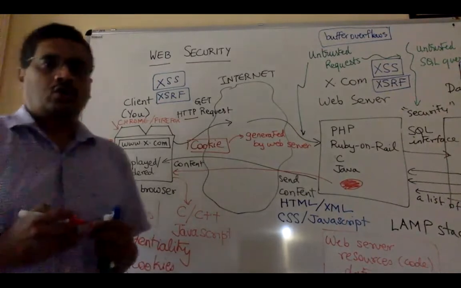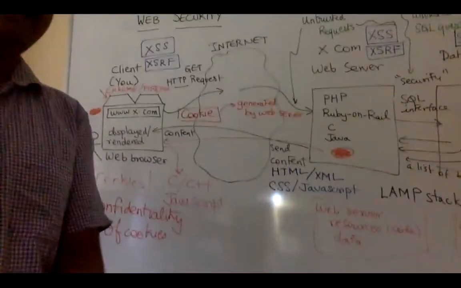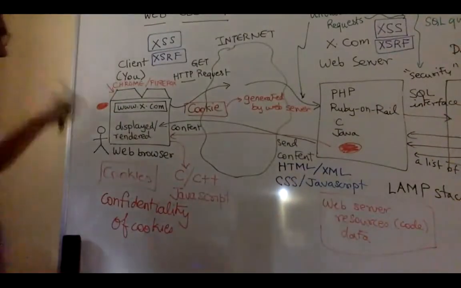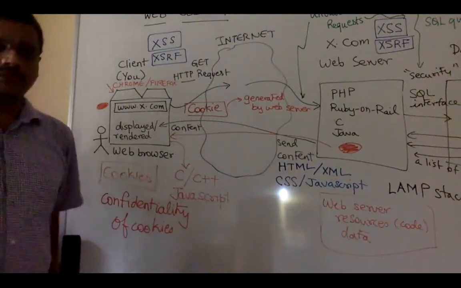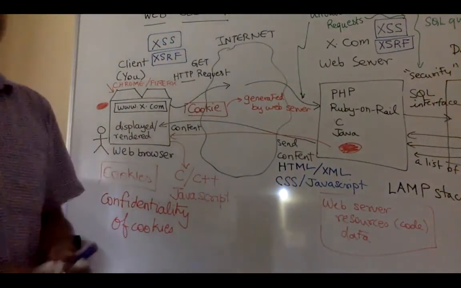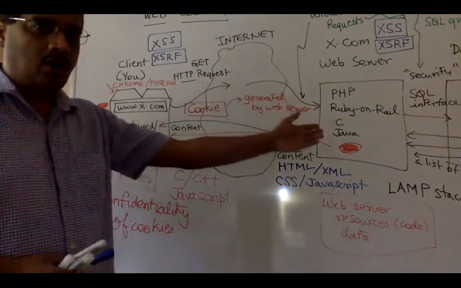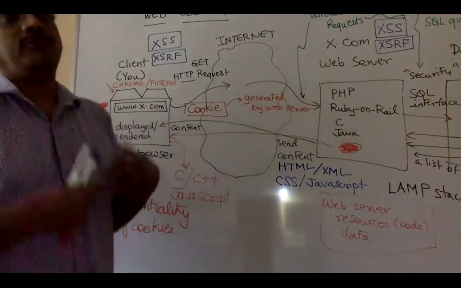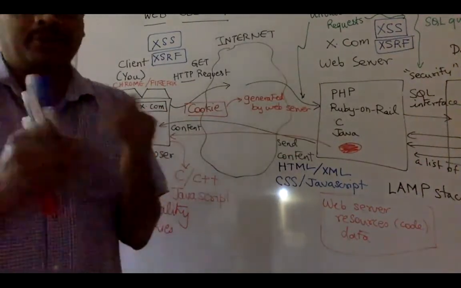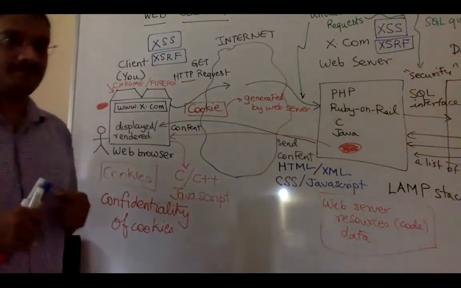Okay, so cookies can expire in the sense that you can throw away a cookie, or you can say, look, I no longer want to use this cookie, and that's fine. Because the next time you log in, the web server will ask you for your credentials, you enter them, and therefore you authenticate yourself with the web server.